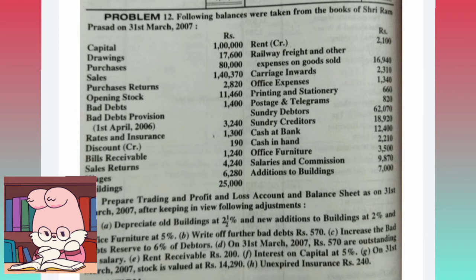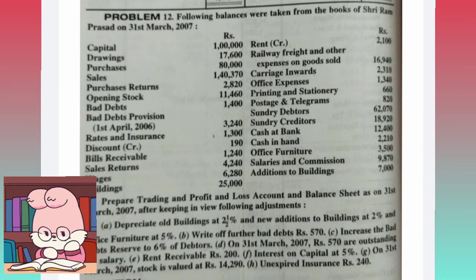So capital and drawings to the liabilities of the balance sheet, purchases and sales to the trading account, purchase returns to be deducted from the purchases, opening stock to the trading account, bad debts to the P&L account, bad debts provision. See here they have given the opening balance of provisions, so we need to deduct this amount from the bad debts, or we can take it on the credit side of the P&L account. Okay, we can take it as a P&L account item.